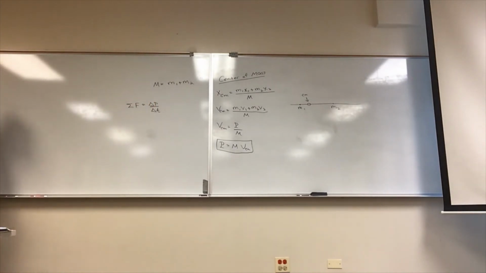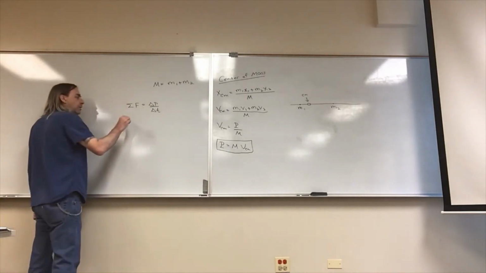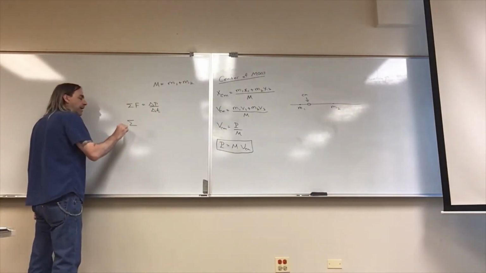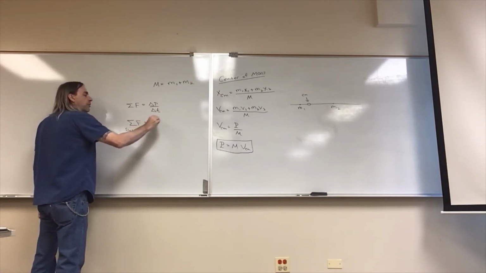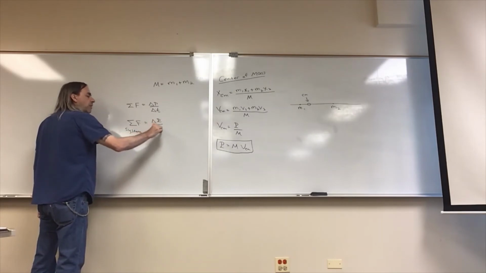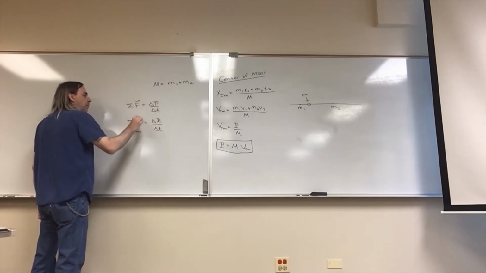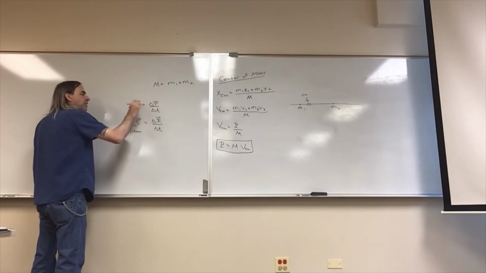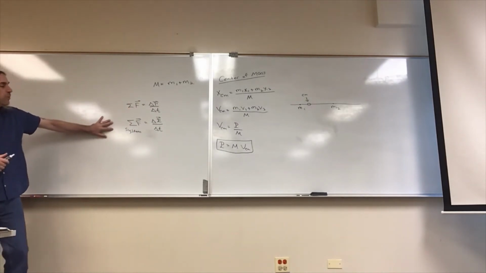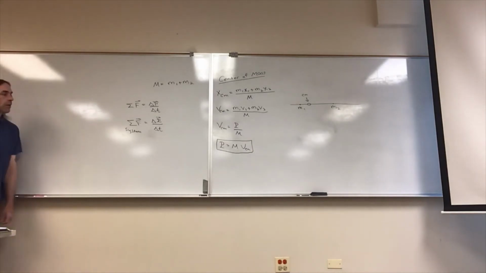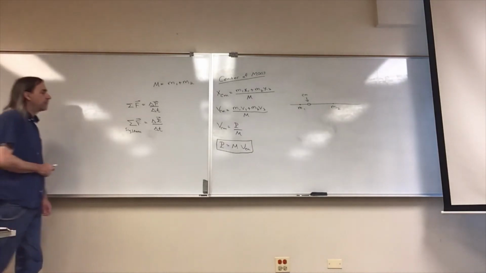And then we were able to show that the net force acting on a system of particles was equal to the change in momentum of the system over time. You can write both of these as vectors. So this is for a single particle, but the same kind of equation applies if we generalize to a system of particles.